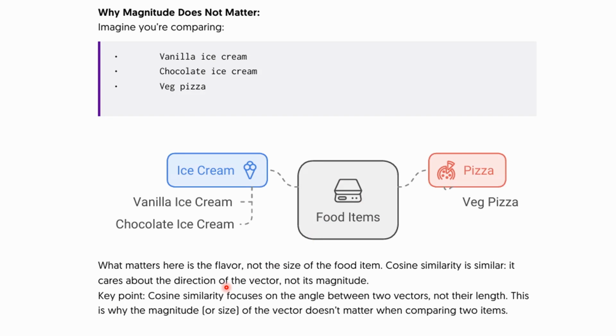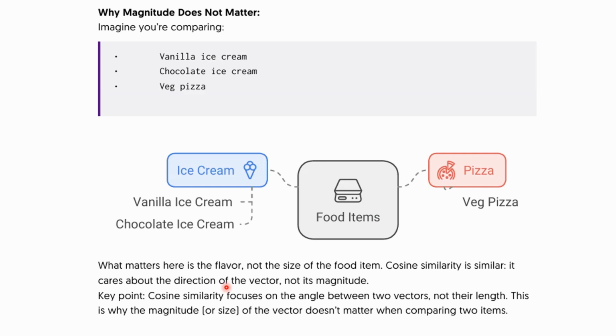No matter whether it's vanilla or chocolate, they are similar in nature because it's ice cream. At the same time, imagine one person took three vanilla ice creams and another person took only one. Still, they are similar in nature, because it does not matter how many ice creams they took, they are interested in ice cream. In a similar way, cosine similarity also looks at the direction of the vector, not its magnitude.